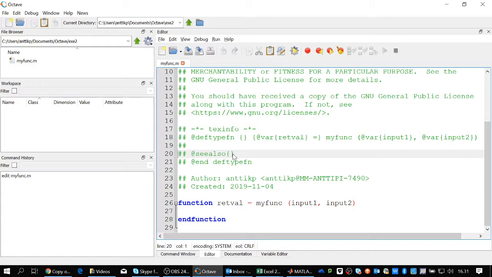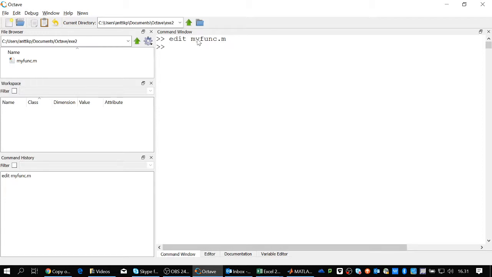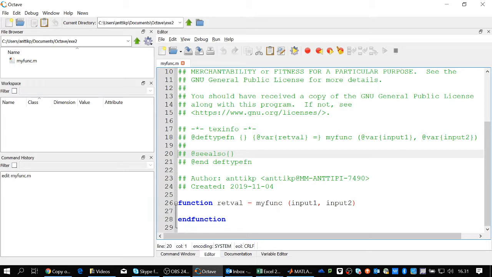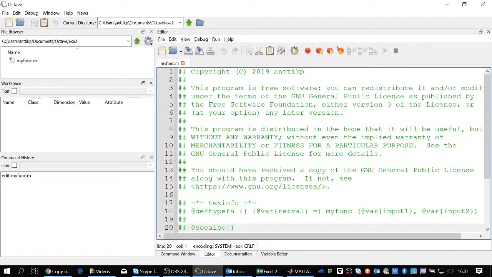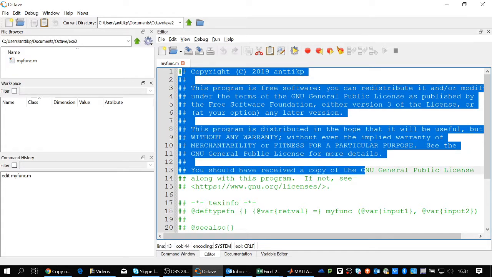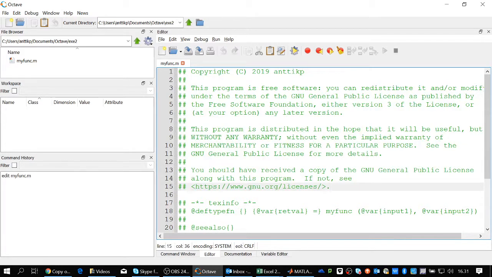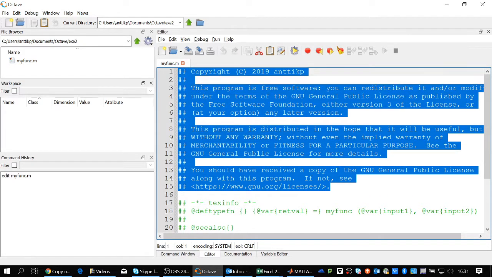If you start typing, on command window, you say edit and then the function name, it basically makes you a nice prototype of the function there, and you don't need to start from totally scratch. Okay, basically it has this area with continuous comment lines.